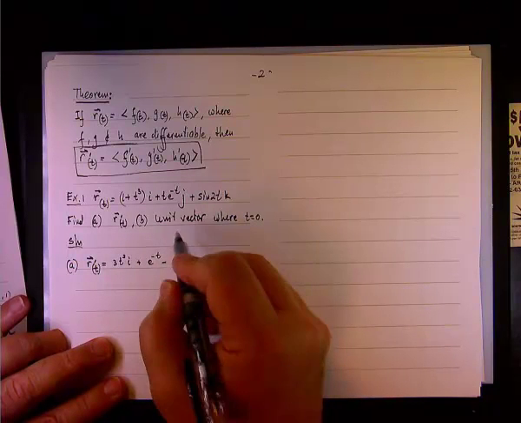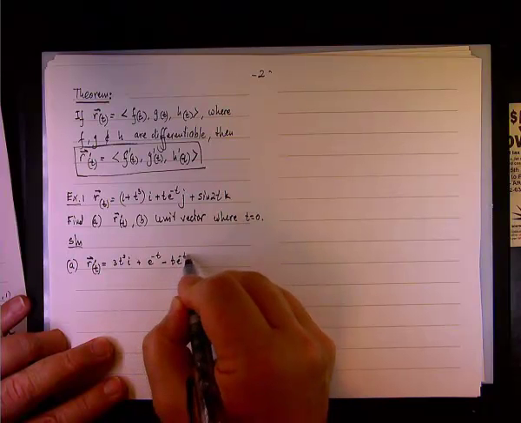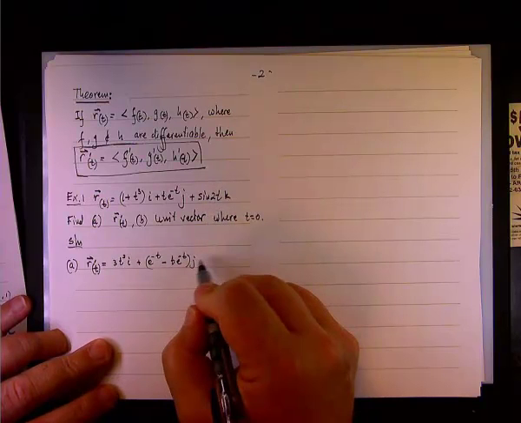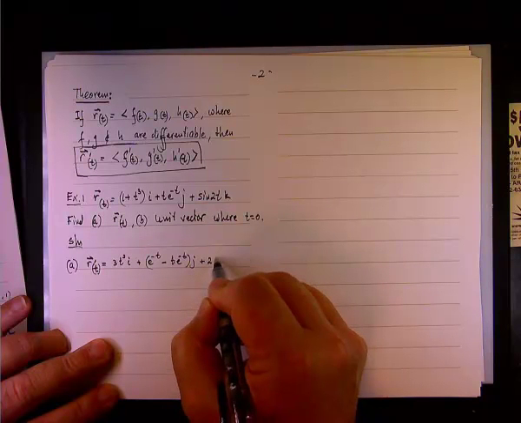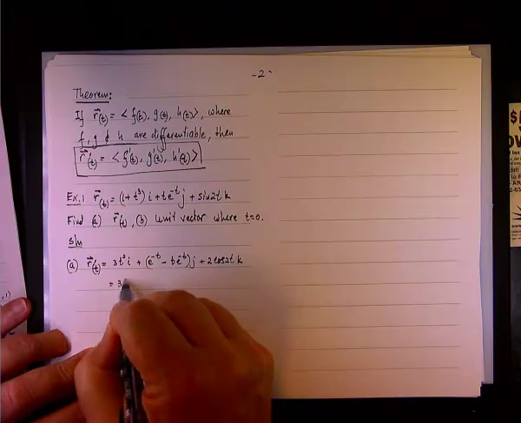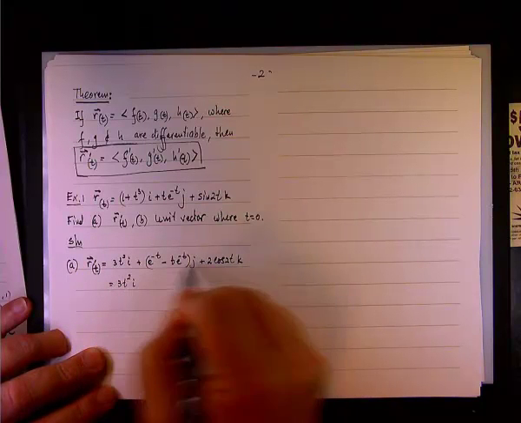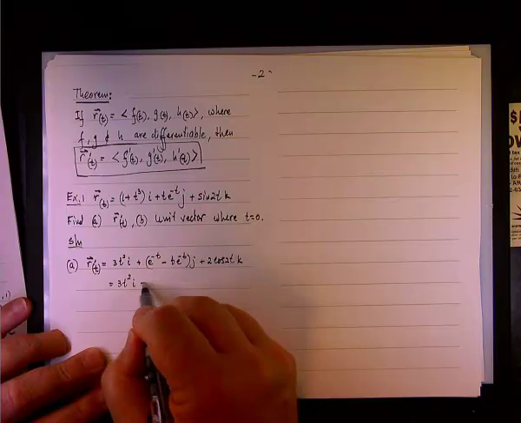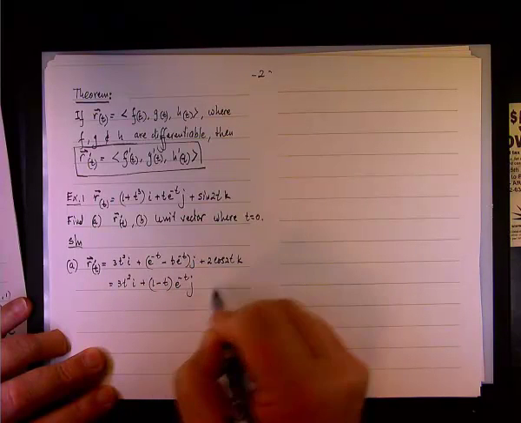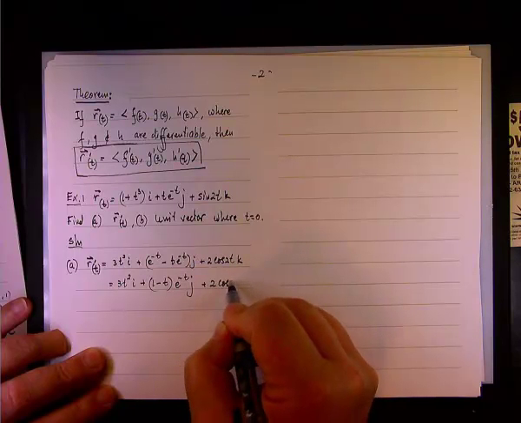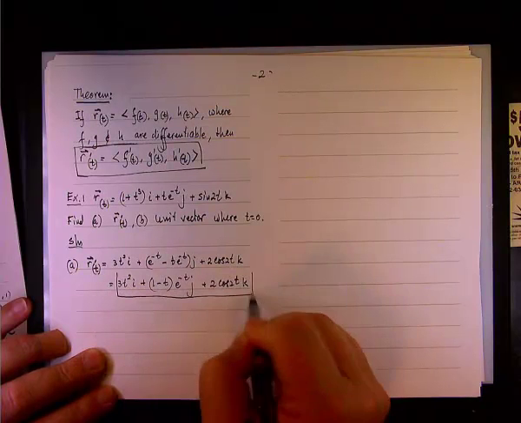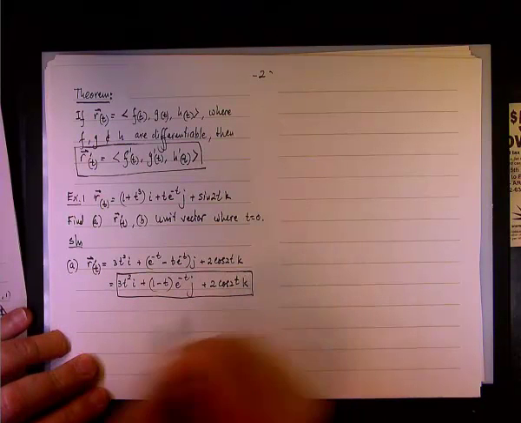So we have e to the negative t minus t e to the negative t in the j direction, and the derivative of sine 2t is simply 2 cosine 2t in the k direction. So just put a little cosmetic on this one and factor, so we have 1 minus t times e to the negative t j plus 2 cosine 2t k.